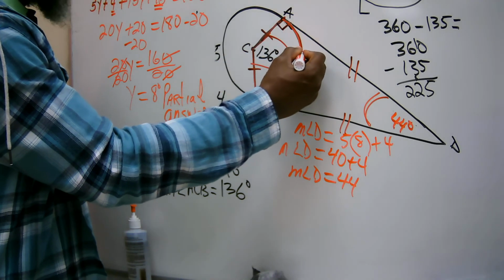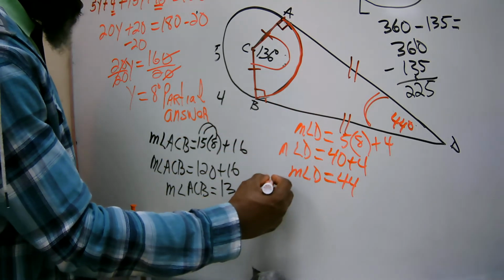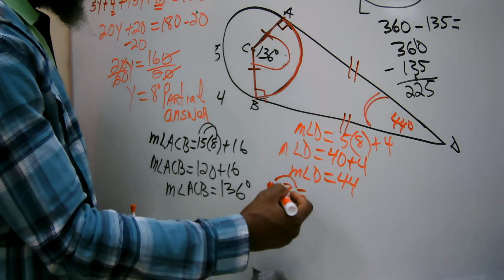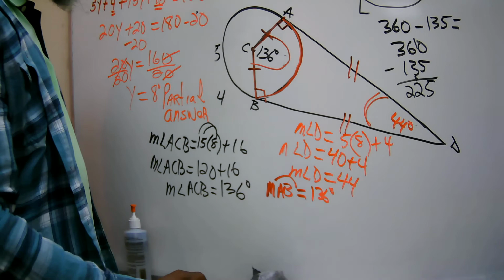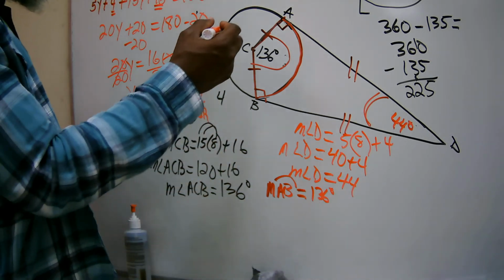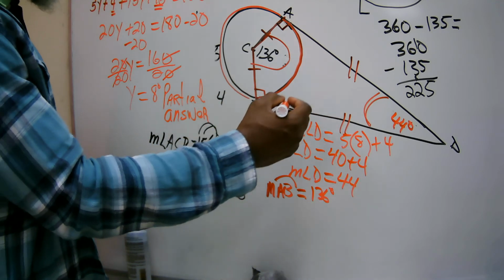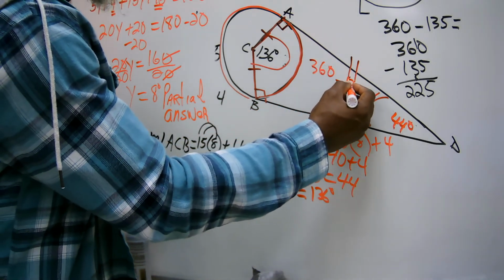Now, since you know the central angle, you can always find the measure of the intercepted arc for the central angle, which is arc AB. In this case, the measure of arc AB will also be 136 degrees. Now, if you want to find the remainder portion of the circle, you will take 360 minus 136.